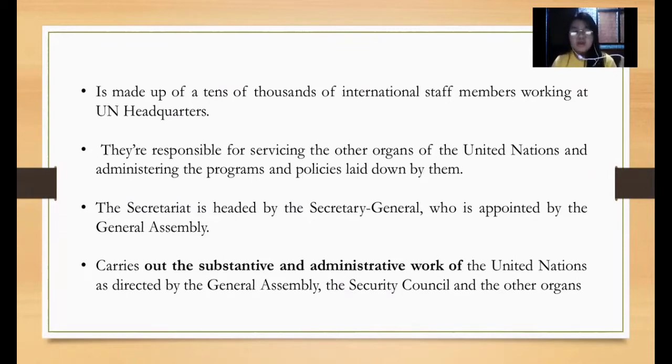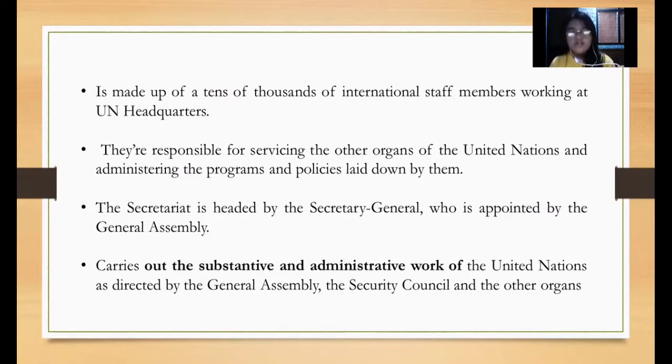They are responsible for servicing the other organs of the United Nations and also administering the programs and policies laid down by them. The Secretariat is headed by the Secretary General, who is appointed by the General Assembly, and it carries out the substantive and administrative work of the United Nations as directed by the General Assembly, the Security Council, and the other organs.